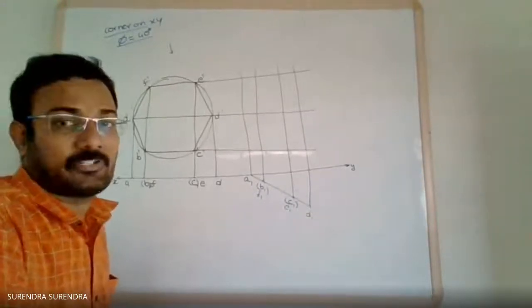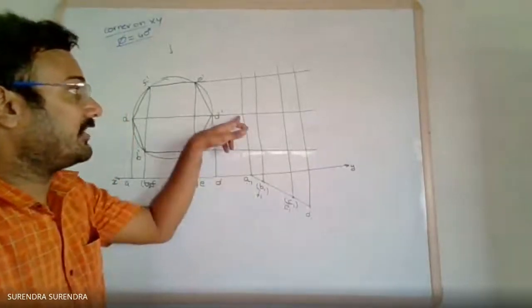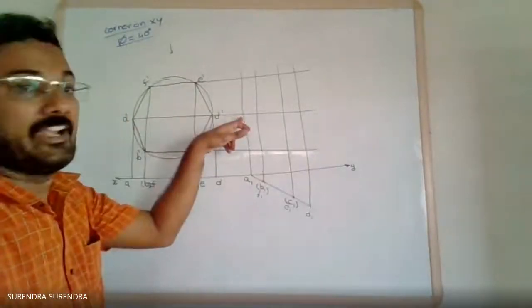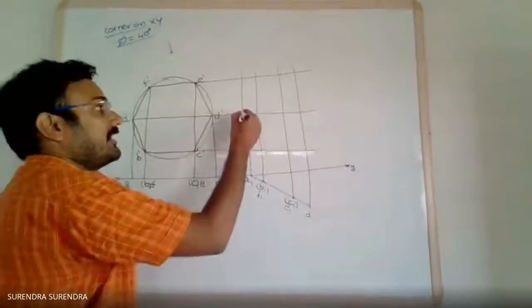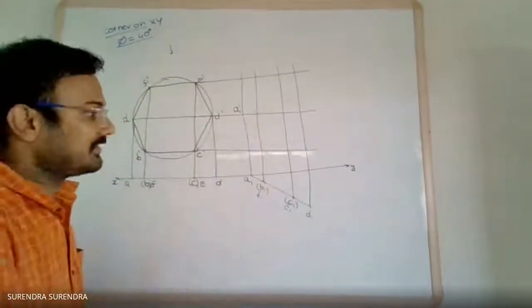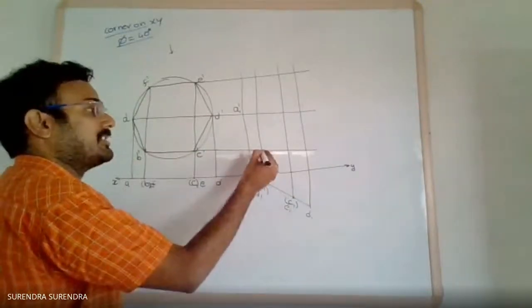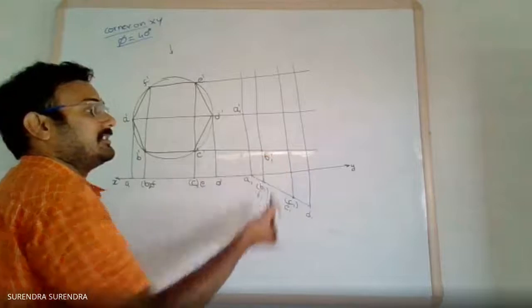Now mark the respective intersection points. Projection from A1, locus from A dash, intersection point, name it as A1 dash. Next, B1, B dash. Mark the intersection point as B1 dash.